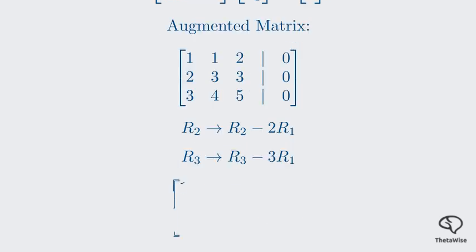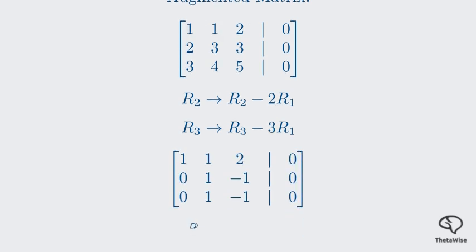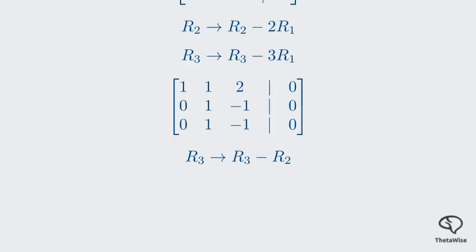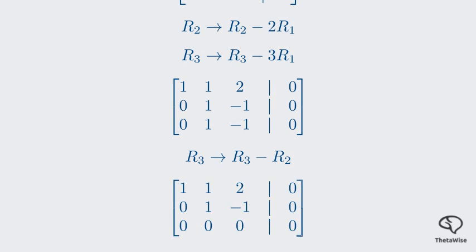This gives us [1, 1, 2, 0; 0, 1, -1, 0; 0, 1, -1, 0]. Next, we'll replace row 3 with row 3 minus row 2. This results in [1, 1, 2, 0; 0, 1, -1, 0; 0, 0, 0, 0].